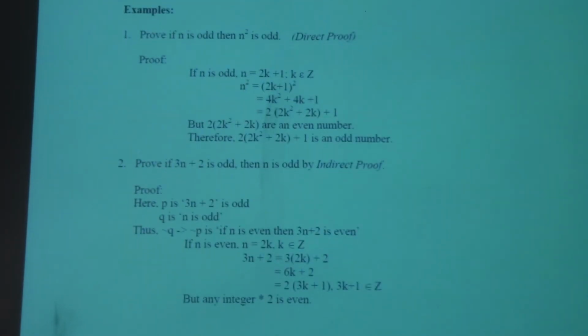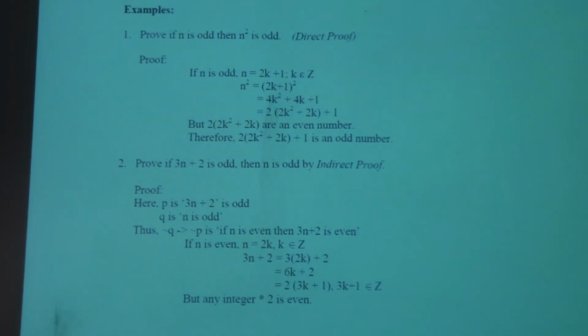Okay, so let's look at a direct proof. This is a proof of the statement: n is an odd integer if n squared is odd. So this is, if n is odd, then n squared is odd. The statement "n is odd" is P. "N squared is odd" is Q. We're saying if P, then Q. Now how do you prove it?